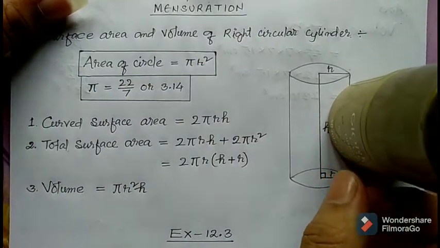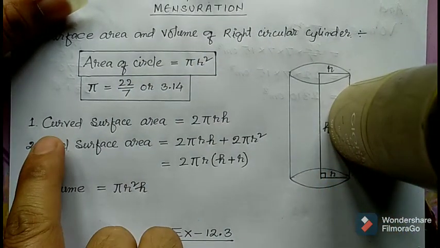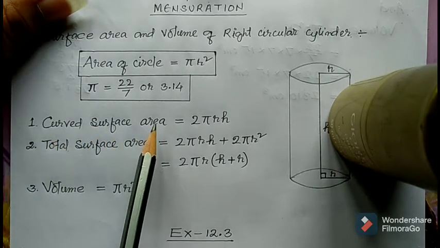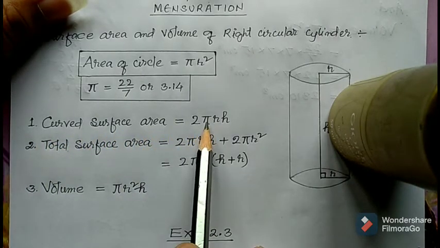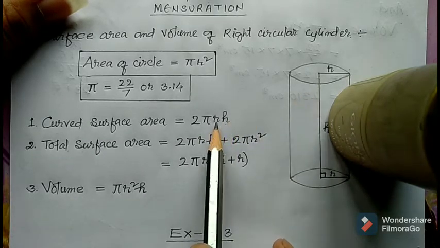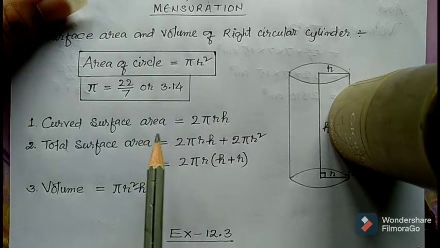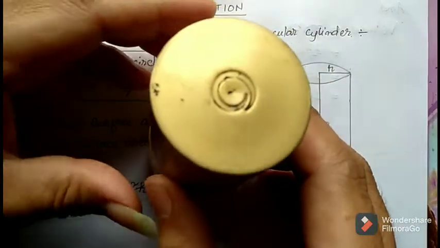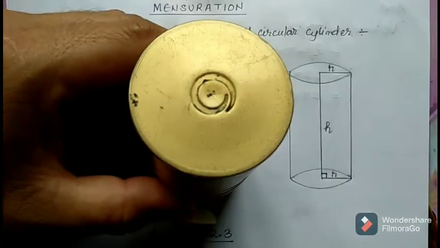Now let's look at the formulae. The first one, curved surface area. The curved surface area of a cylinder formula is 2 pi r h. Here r is radius, h is height. What do we mean by radius? Since top and bottom are circular, this face is round in shape.